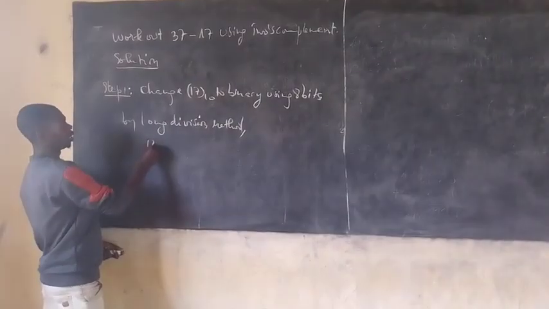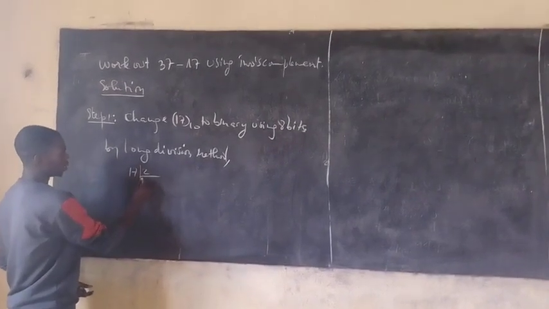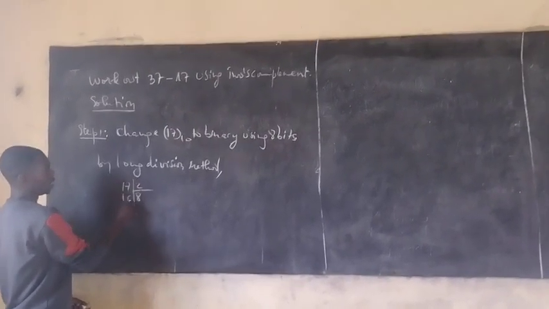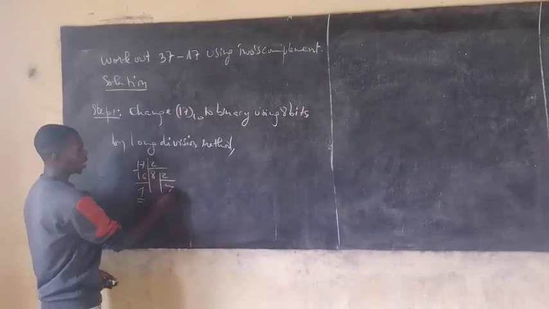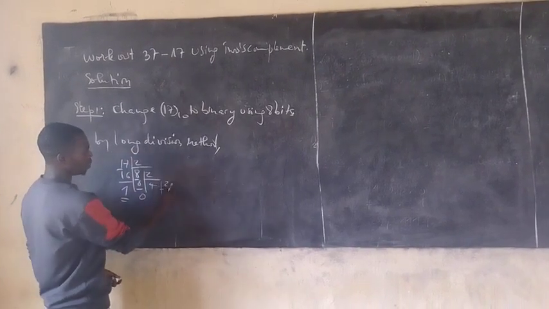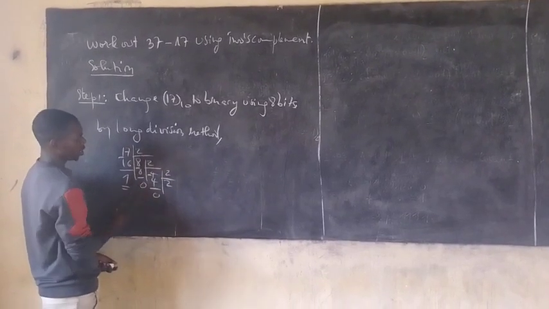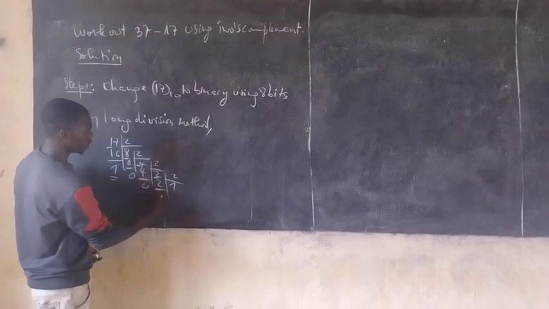Here, we take 17 divided by 2. 8 times 2 is 16, remainder 1. Then 8 divided by 2 is 4, remainder 0. Then 4 divided by 2 is 2, remainder 0. Then 2 divided by 2 is 1, remainder 0. Then 1 divided by 2 is 0, remainder 1.